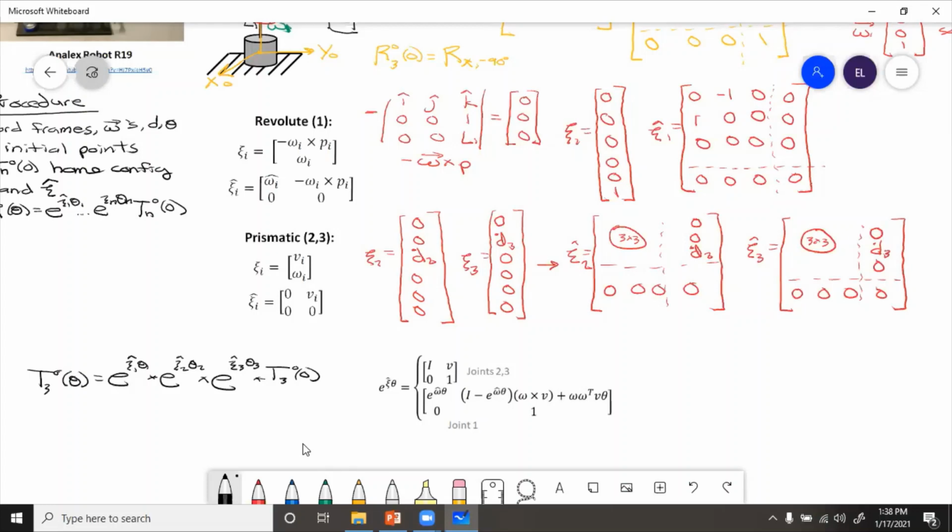This is the product of exponentials formula, and e to the omega hat i theta i for this part comes from Rodrigues's formula. This is the matrix exponential. So if you plug values into all of these, then you can get the configuration of the robot at any joint angles.